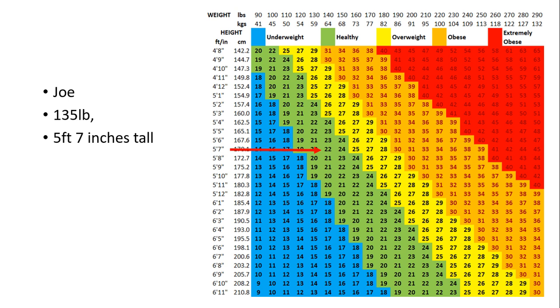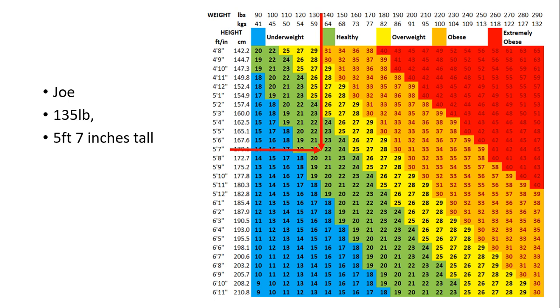Now we need to match the height with the weight, and he is 135 pounds. On this chart, it goes up by increments of 10, so there is no 5. We just assume that 135 is between 130 and 140.